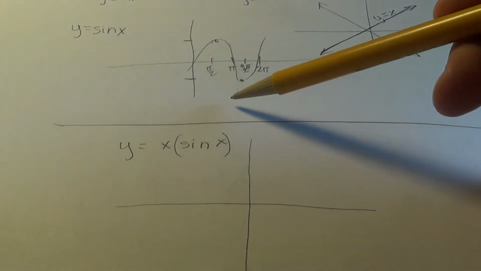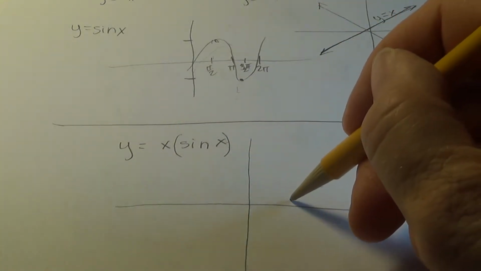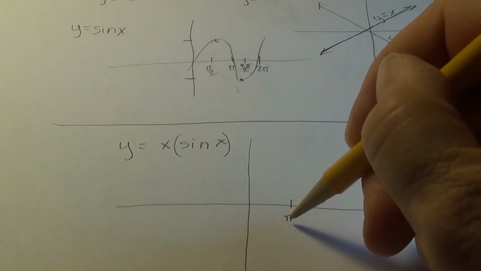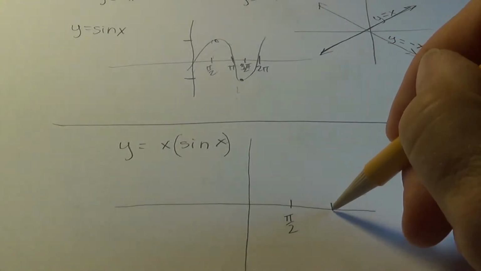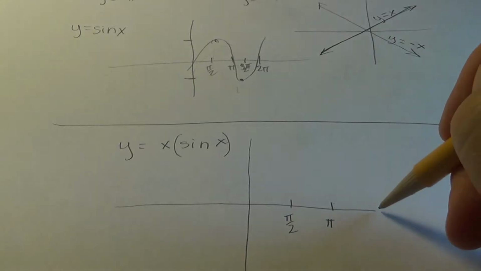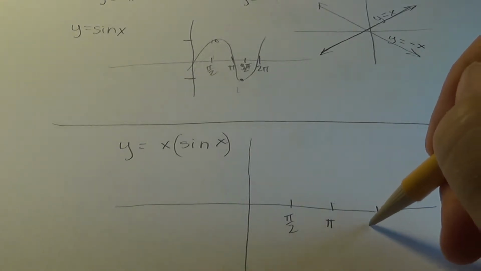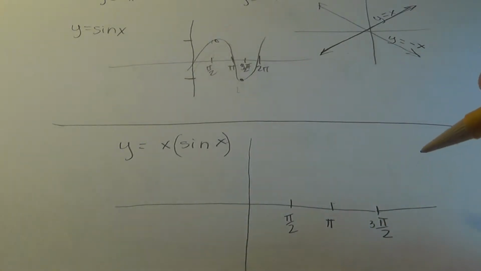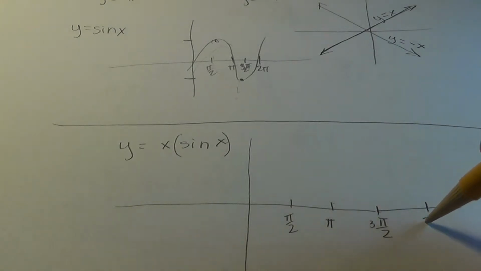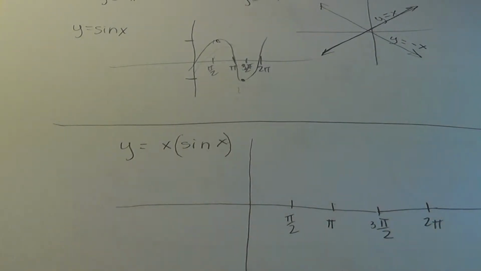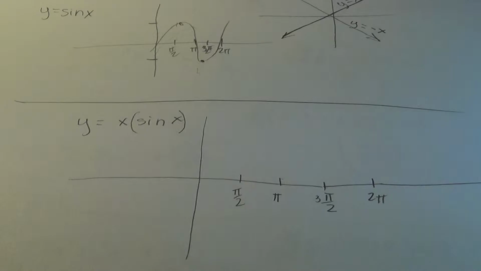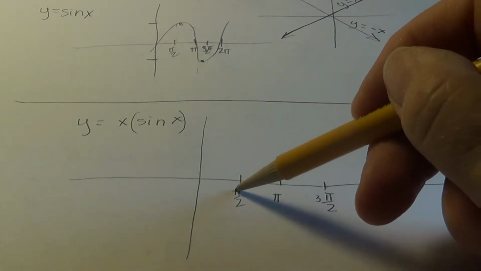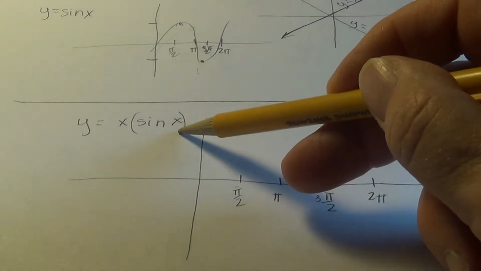So what happens, suppose we have pi over 2, pi, 3 pi over 2, and 2 pi. And we might even go a little further than that. Let's see what happens if I put in the value pi over 2 into this function?